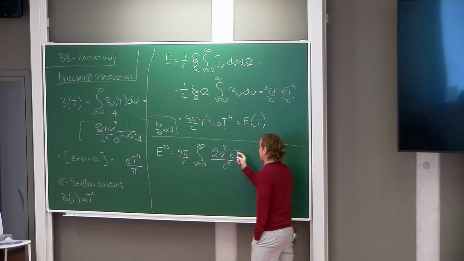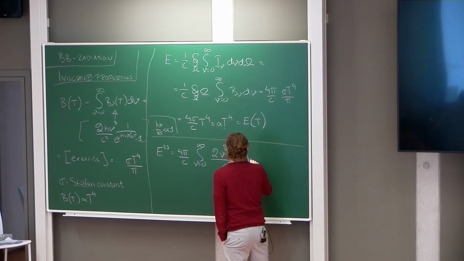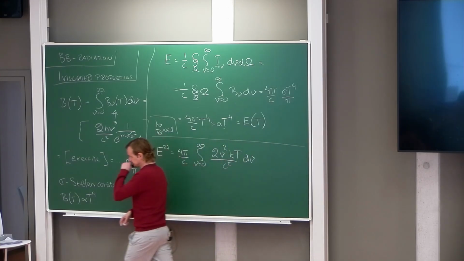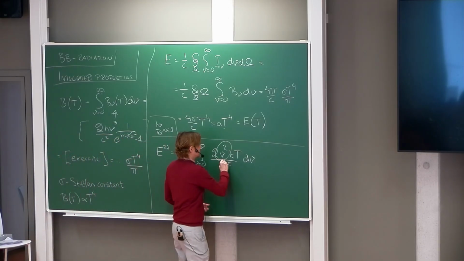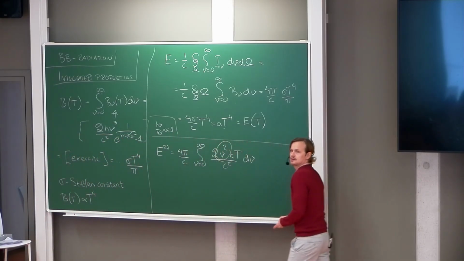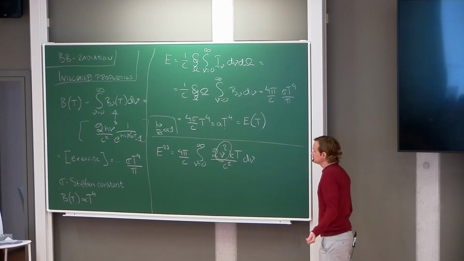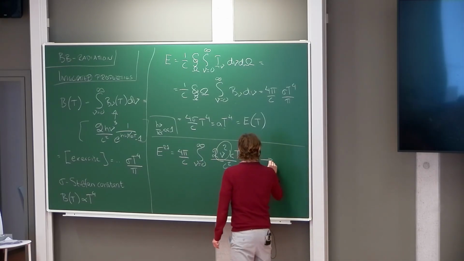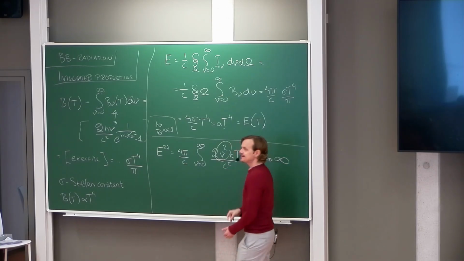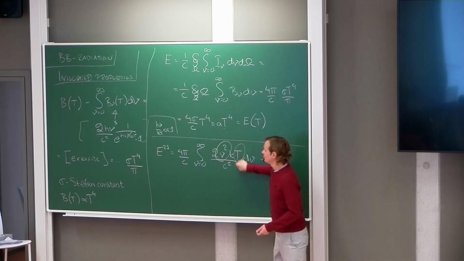And then the nu squared. The thing is that this contains nu squared. So what happens to nu squared when you integrate from nu 0 to infinity? This goes to infinity, independent of the temperature.